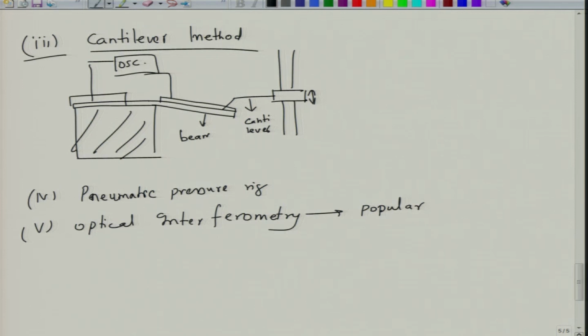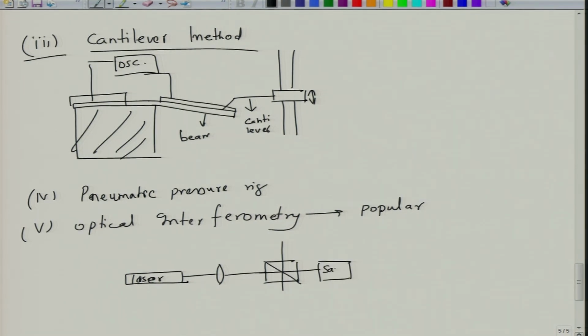In this case you have a laser, and this laser goes through lenses and then through a beam splitter. Then this laser falls on a sample, and using the beam splitter the laser also goes through a lens to a photodiode.